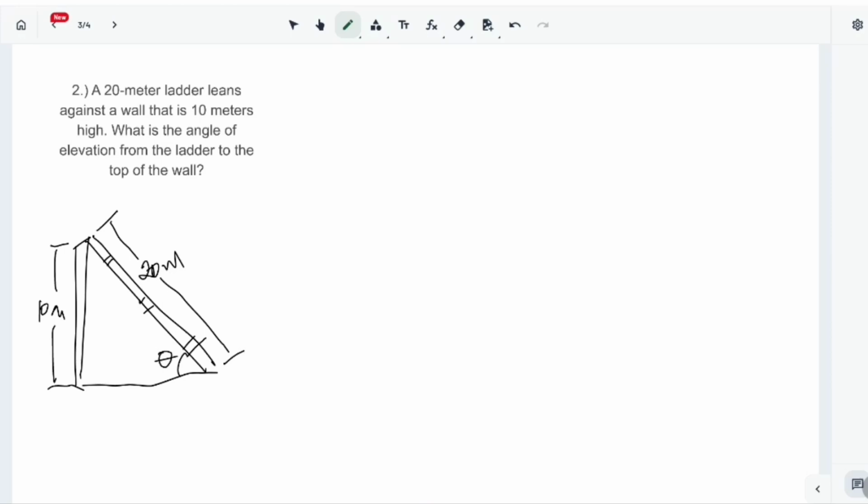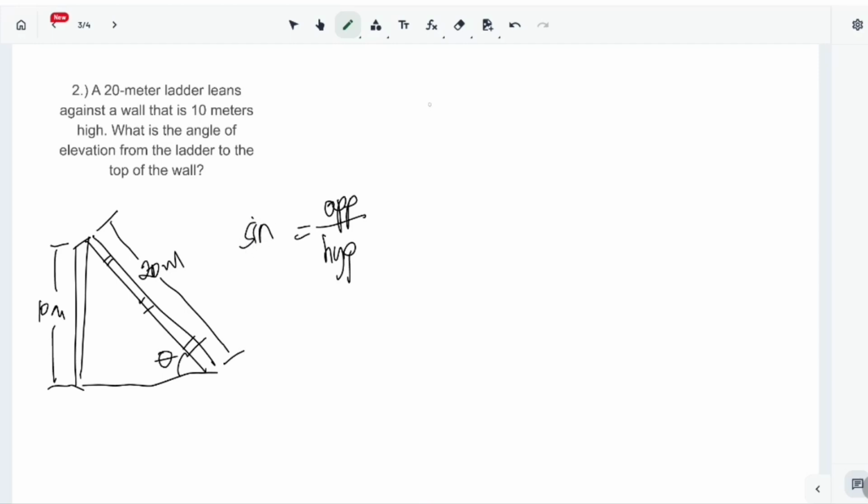So we'll represent that. Since we don't know the angle, let's use theta to represent that missing angle. So the question again, what is the relationship of this theta to 10? It's opposite. Very good. How about theta to 20? It's the hypotenuse. So therefore, what function are we going to use having the opposite and the hypotenuse? It's a sine. Very good.